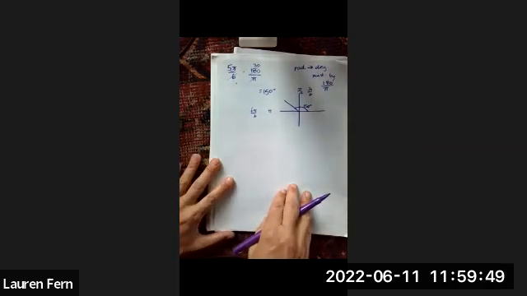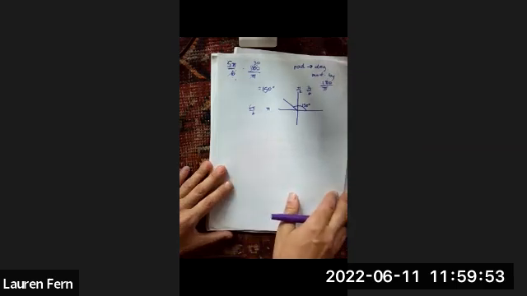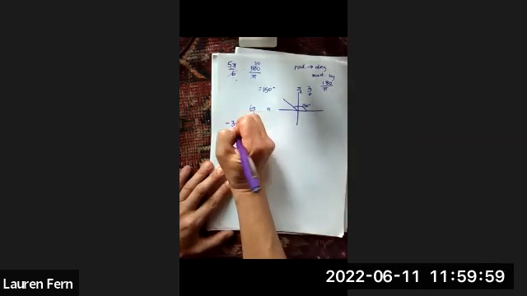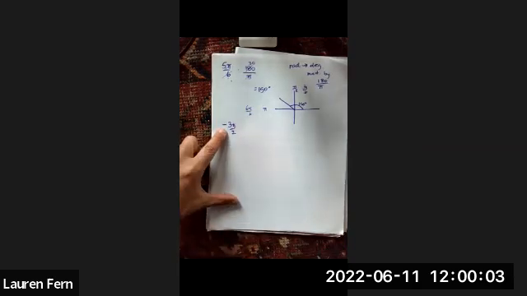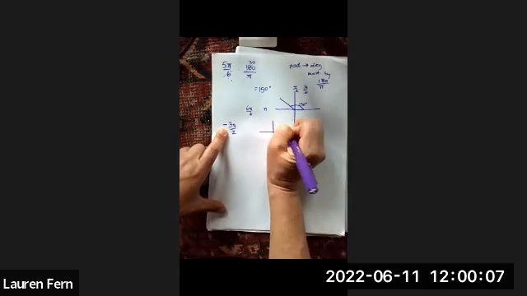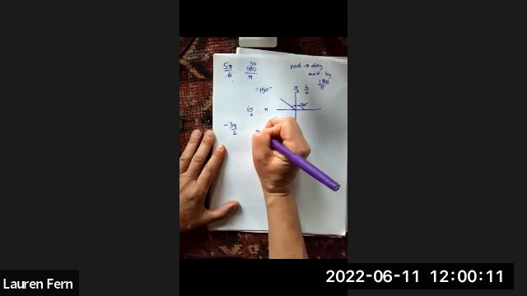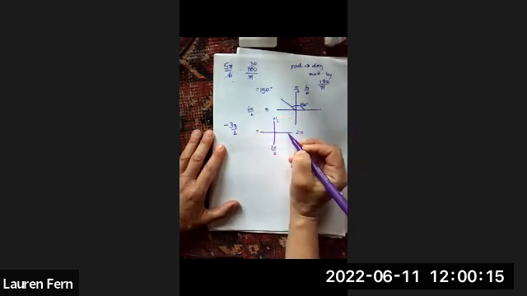So another one that I want to do is as follows. What if I want to look at negative 3 pi over 2? The negative tells me that I'm going in the clockwise direction. And this is pi over 2, pi, 3 pi over 2, and then again at 2 pi.